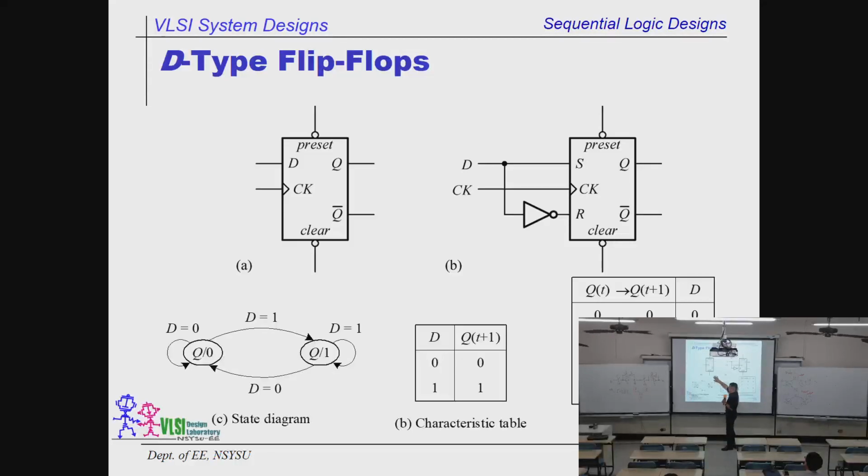Clear is the same as reset. That means Q becomes 0. Preset means that if it is activated, Q equals 1. It depends on which one you like. You might not have both, but you got to have one of them.